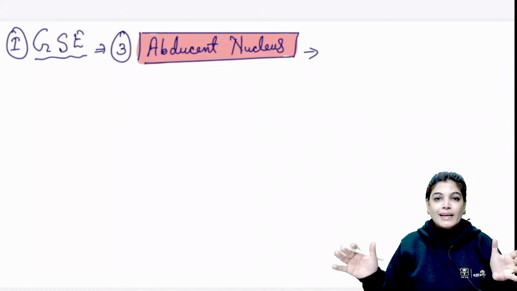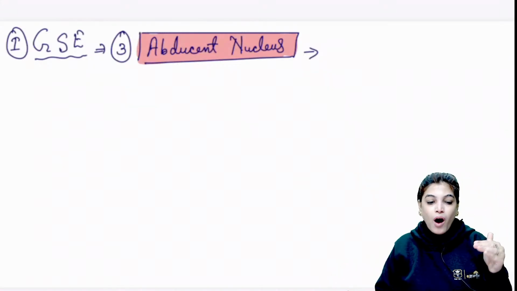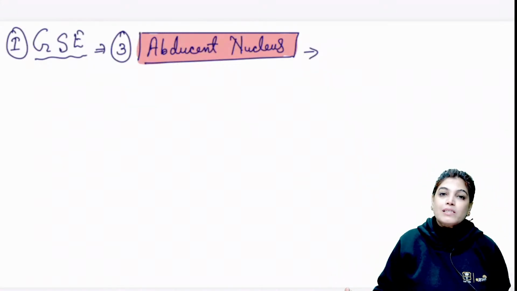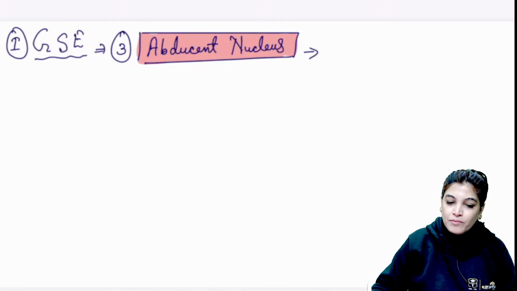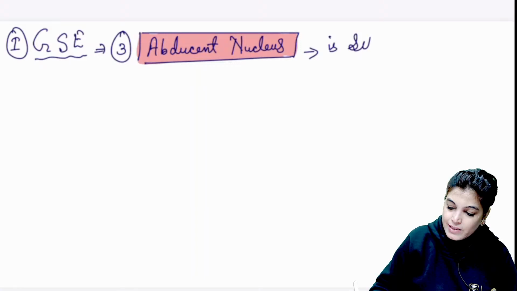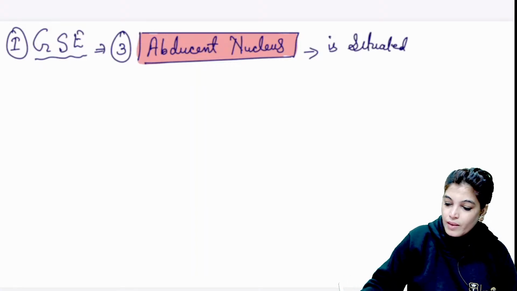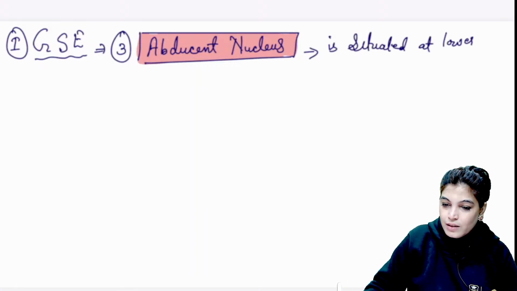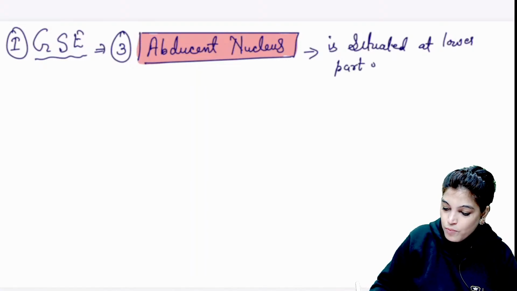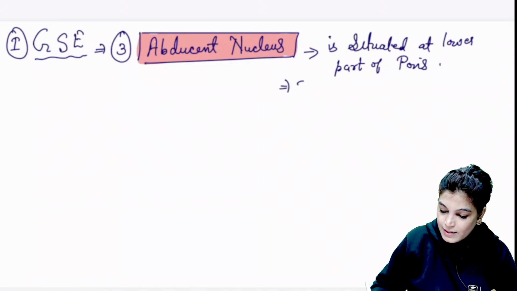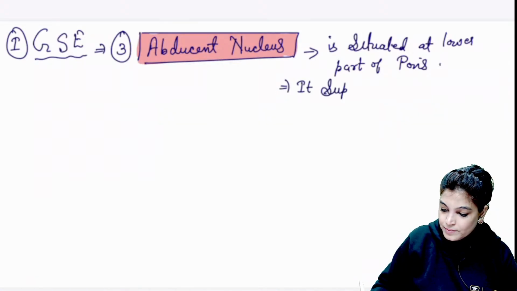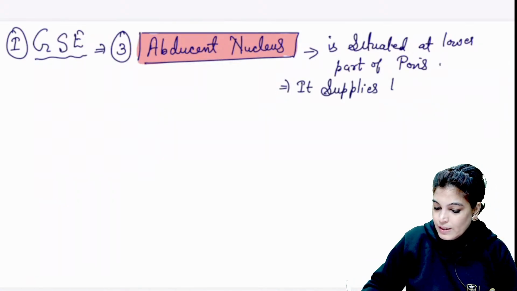It is situated at the level of the lower part of the pons, and it supplies one muscle. What is the name of that muscle? The lateral rectus muscle.